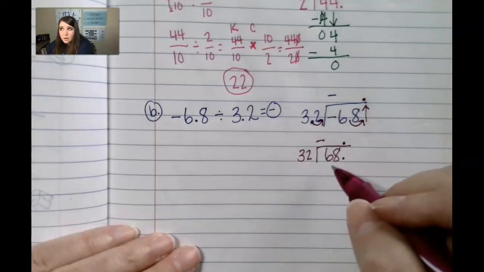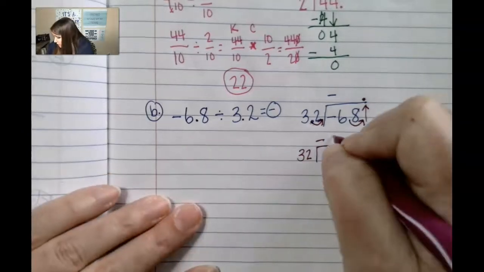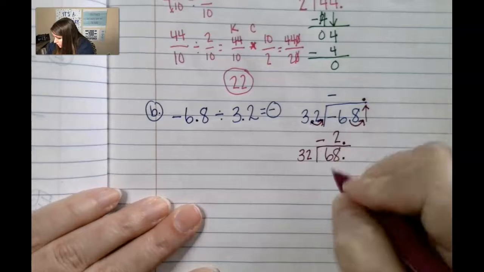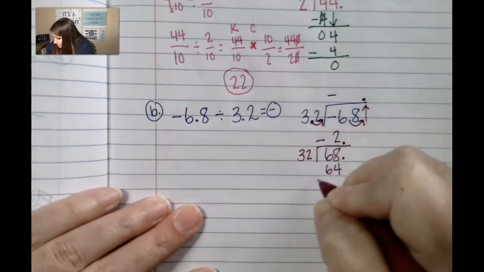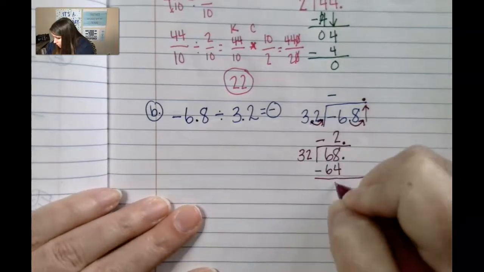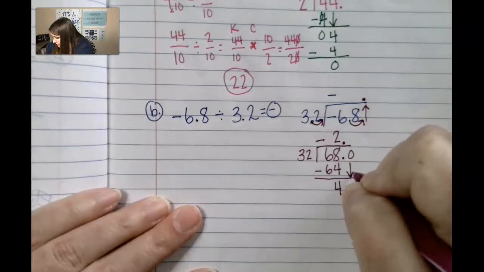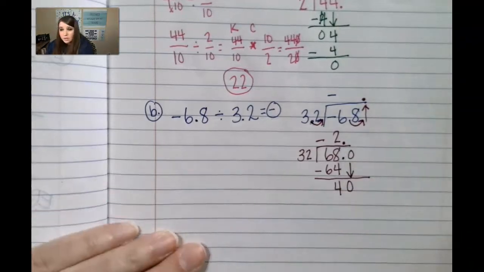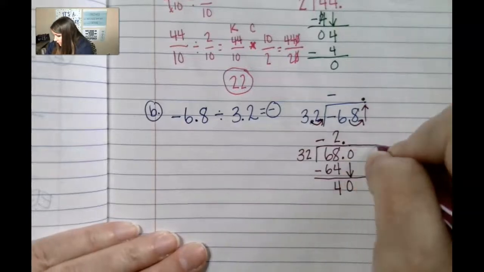Well, I know 30 plus 30 is 60, and 2 2s is 4, so if I put it in twice, I get 64. I subtract, and there's 4. I need to put a 0 and drop that down, so now I have 40. 32 can go into 40 one time.